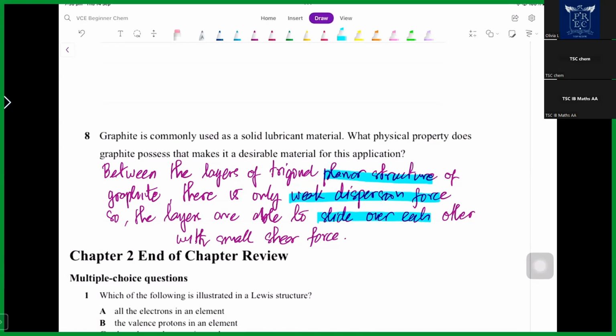Then we have a double bond, then a triple bond. We also look at their bond strength, which one is stronger, which one is weaker. Bond strength depends generally on atomic size. If they are nearer, they will have a stronger bond because of the attractive force with the nucleus.